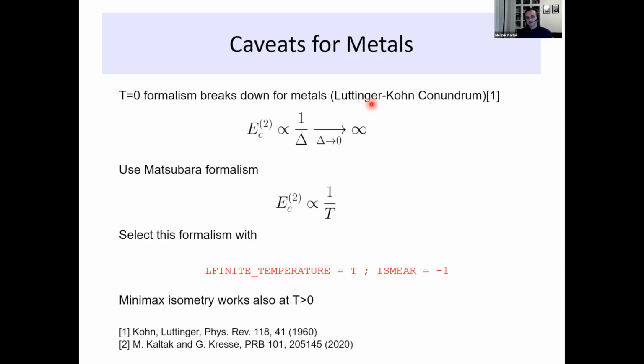However, if you switch on temperature first, so you have this statistical ensemble average, and then look at expectation values like the total energy, or in this sense, the grand potential, you don't encounter this problem at all because the occupancies are Fermi functions. These are smooth functions. They will never have any problem when you take a derivative of them.